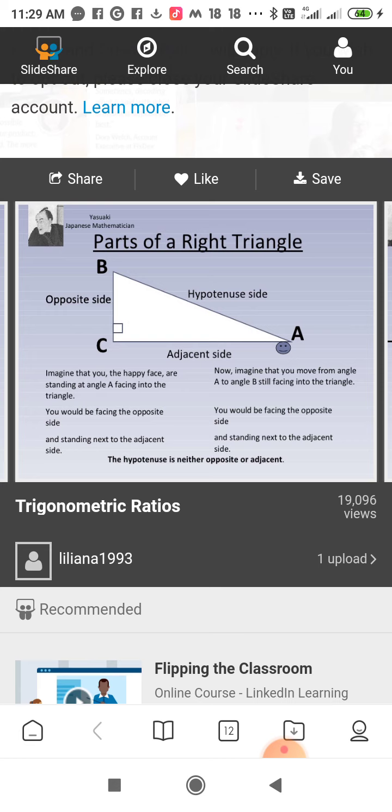This is represented by ABC, and here the adjacent side of right angle C is the base, and hypotenuse AB is the longest side. BC is perpendicular on the adjacent, it is the opposite side.